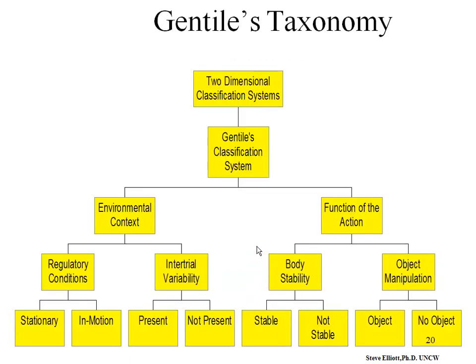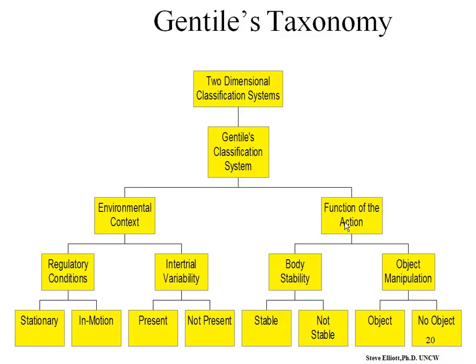So this is how Gentile's taxonomy is broken down. She came up with two main areas, or two general characteristics. She termed them the environmental context in which the person performs a skill, over here, and the function of the action characterizing the skill. She then subdivided those two categories to create a taxonomy of 16 skill categories.